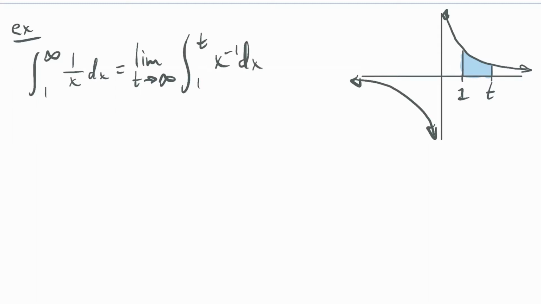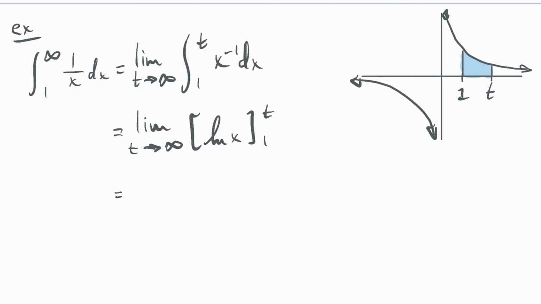Okay, so what is that antiderivative? Well, that's going to be the natural log of the absolute value of x. So this equals the limit as t goes to infinity of ln of x evaluated at 1 and at t.